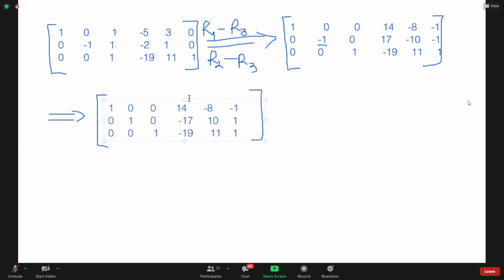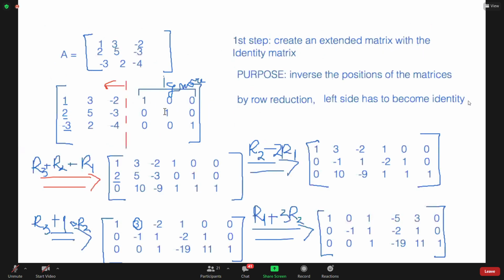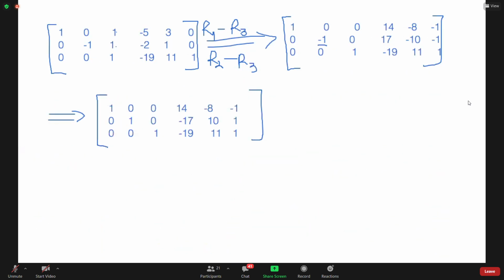And if I check, this is the final answer. This is how we inverse, right? So we started from A and identity, and we have obtained identity and A inverse.